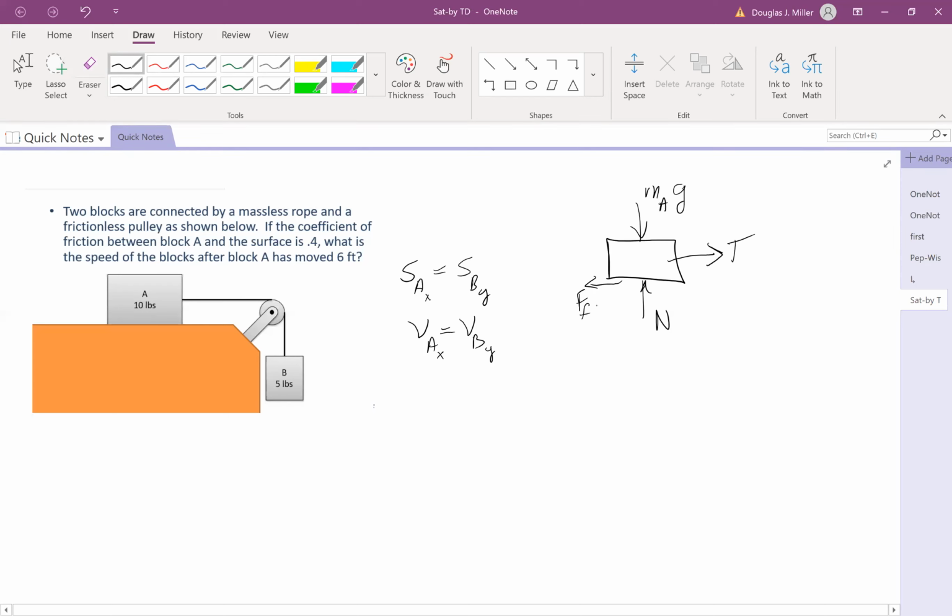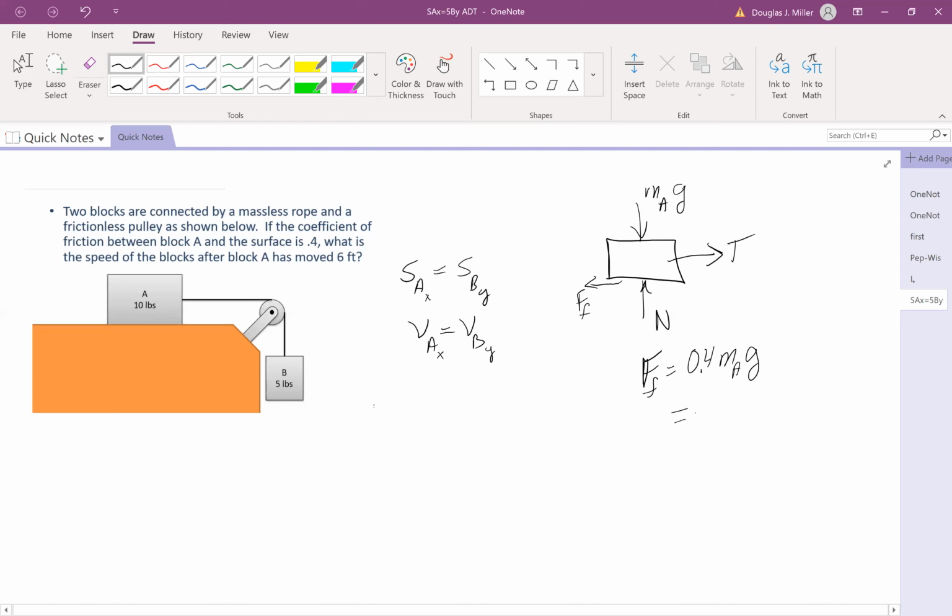So the normal force, if we do this, is equivalent to the mass times gravity. And as a result, we have a friction force that is equivalent to 0.4 multiplied by the normal force. So we find that the force of friction is equal to 0.4 multiplied by the mass A times gravity.